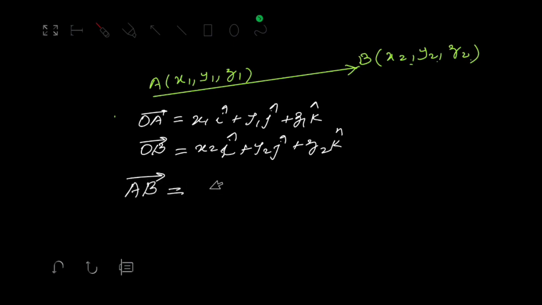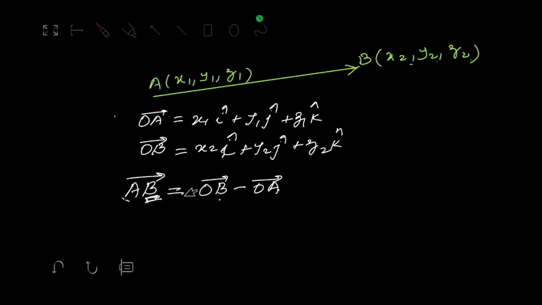Suppose we need to find vector AB, that will be equal to OB vector minus OA vector. Be careful, AB vector is always equal to the position vector of its terminal point minus the position vector of its initial point.